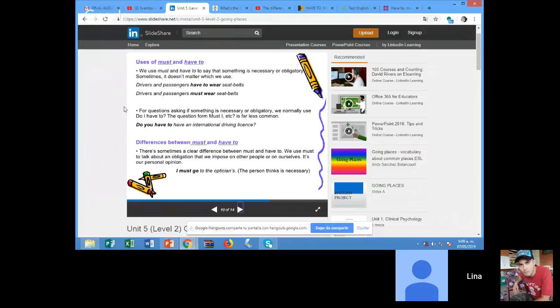So the difference between must and have to. There's sometimes a clear difference between must and have to. We use must to talk about an obligation that we impose on another person or on ourselves. It's our personal opinion. I must go to the opticians.